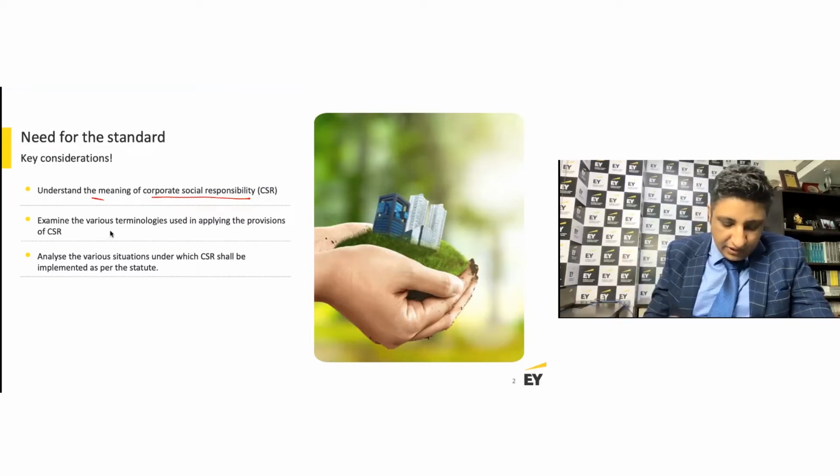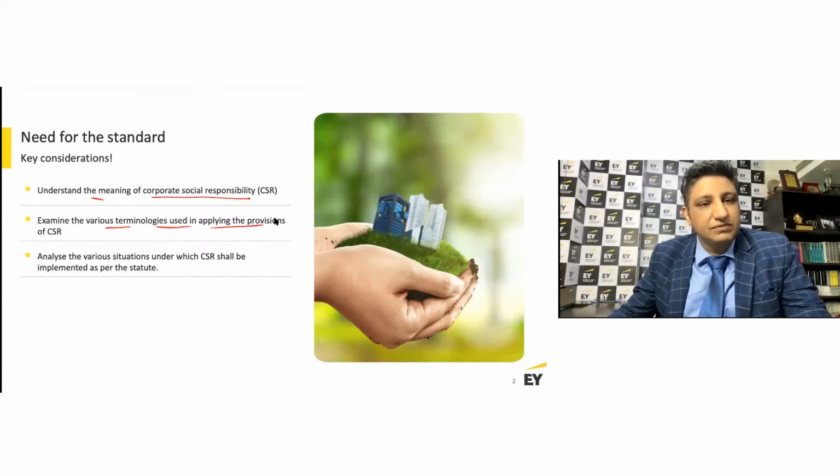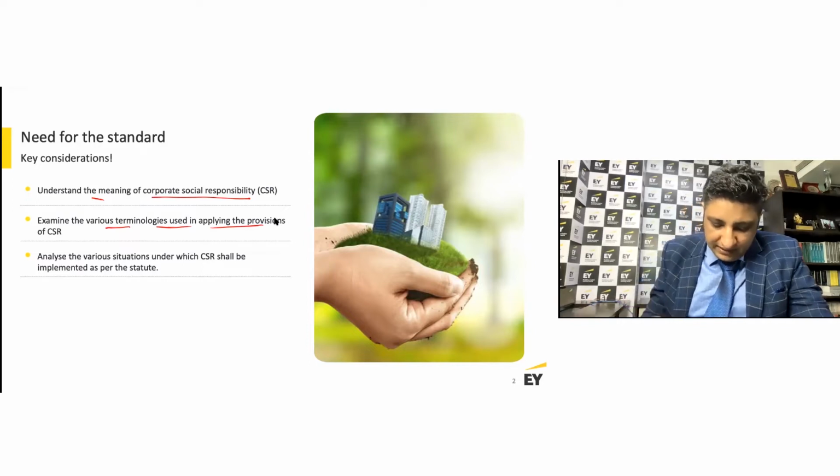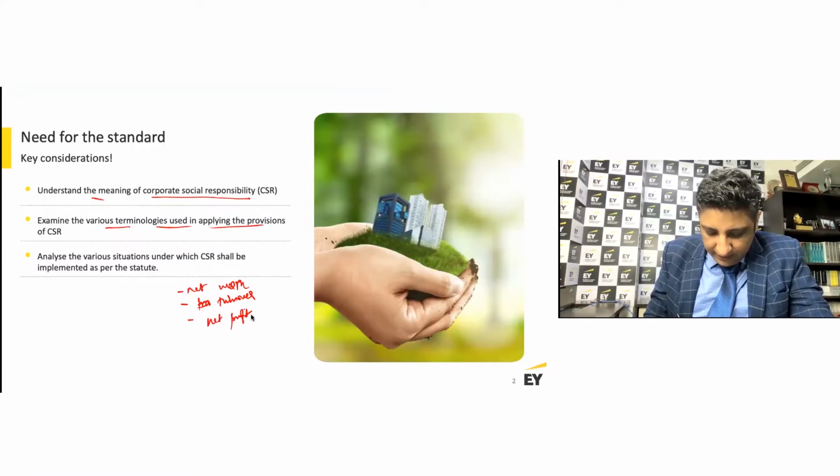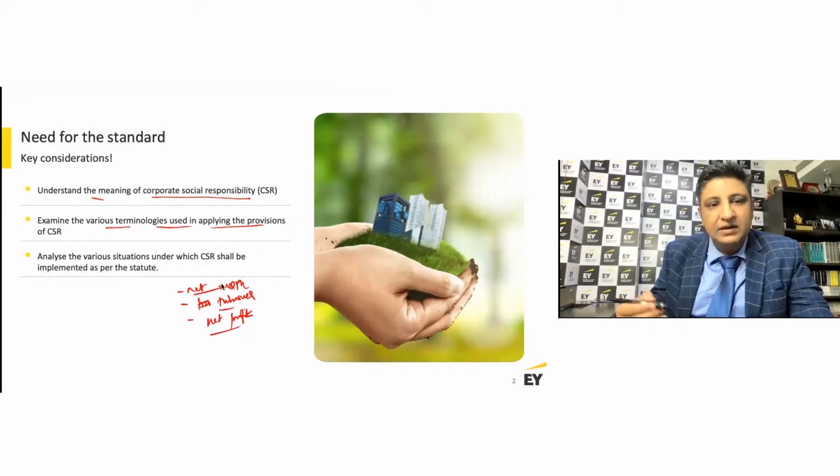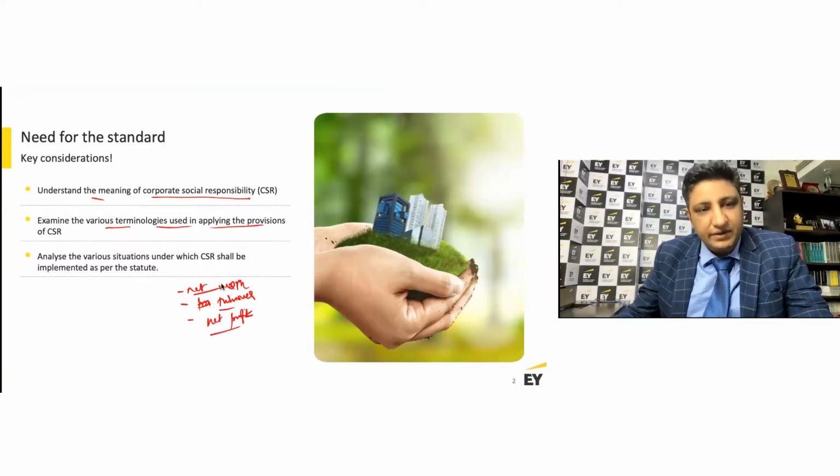We are also going to discuss terminologies with respect to the provisions of CSR. There are criteria like net worth, turnover, and net profit. We will hear how to measure, for example, the eligible expenditure, and the required expenditure to be incurred by an organization.